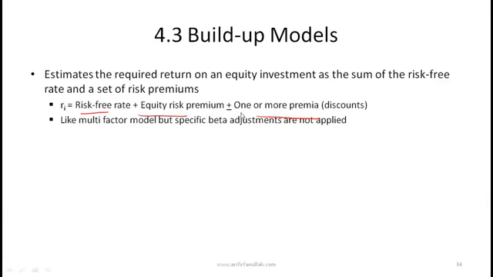Here you don't break it up into a sensitivity multiplied by the factor. Here you straight away try to estimate what you will add. So why is this called build-up? Because effectively you are starting with the risk-free rate and building up on top of that. Notice the second sub-bullet: like a multi-factor model, but specific beta adjustments, which are the sensitivity adjustments, are not applied in build-up models.